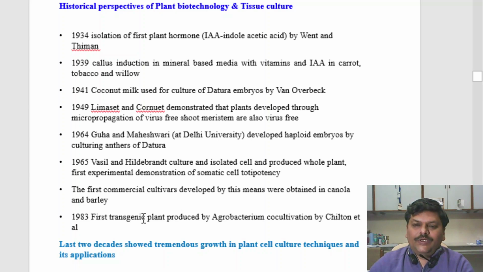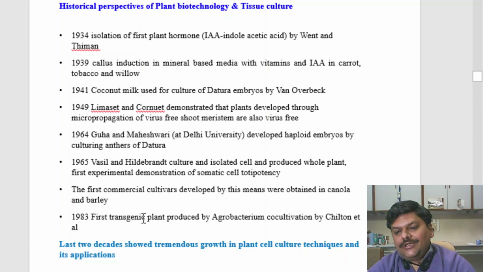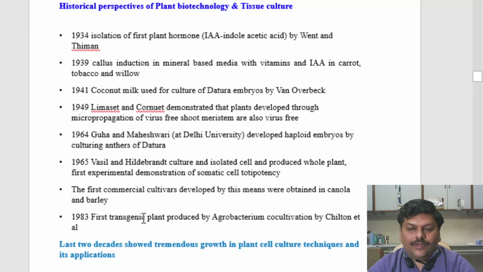After that, it was an exponential growth as far as plant tissue culture is concerned, and the last 2 decades showed tremendous growth in plant cell culture techniques and their application. These days, in our day-to-day life, we encounter products which are the result of plant cell tissue culture methods and its applications.